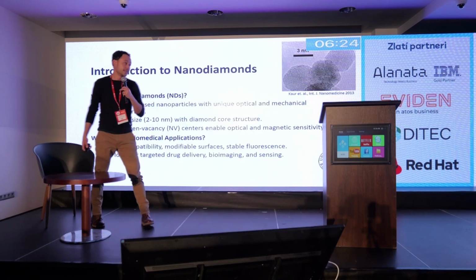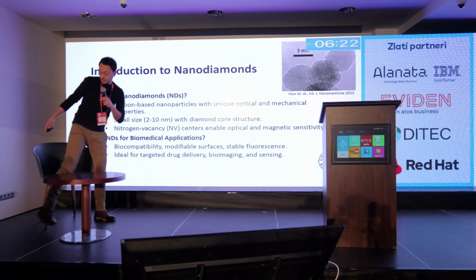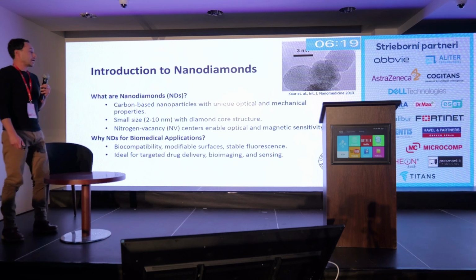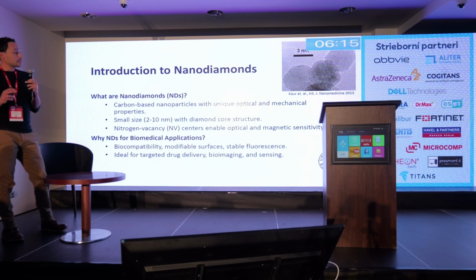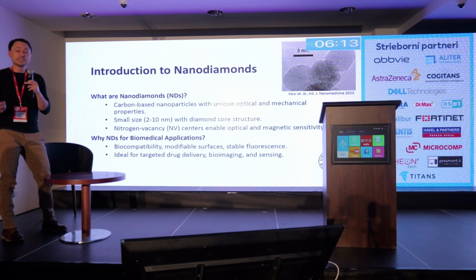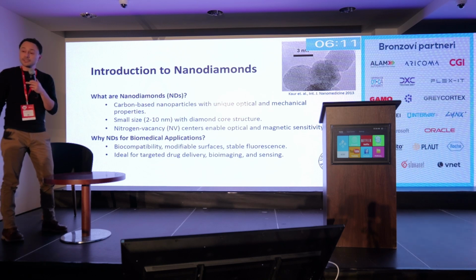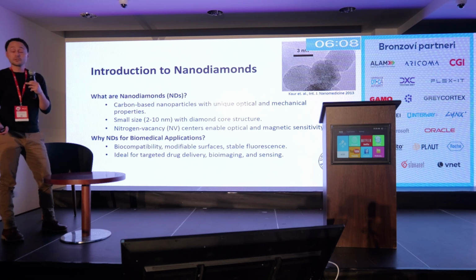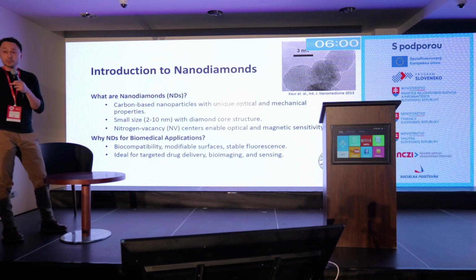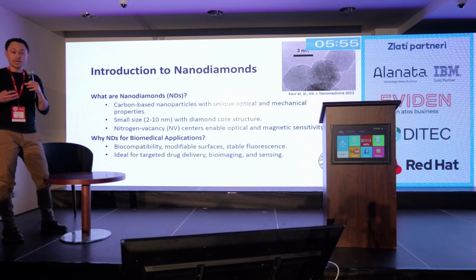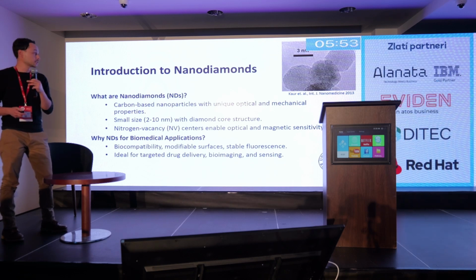So, nanodiamonds are carbon-based nanoparticles that have this diamond-like structure. They contain sp3 hybridized carbon atoms arranged in a tetrahedral array, which gives the diamond and the nanodiamond this extreme hardness and chemical resistance.